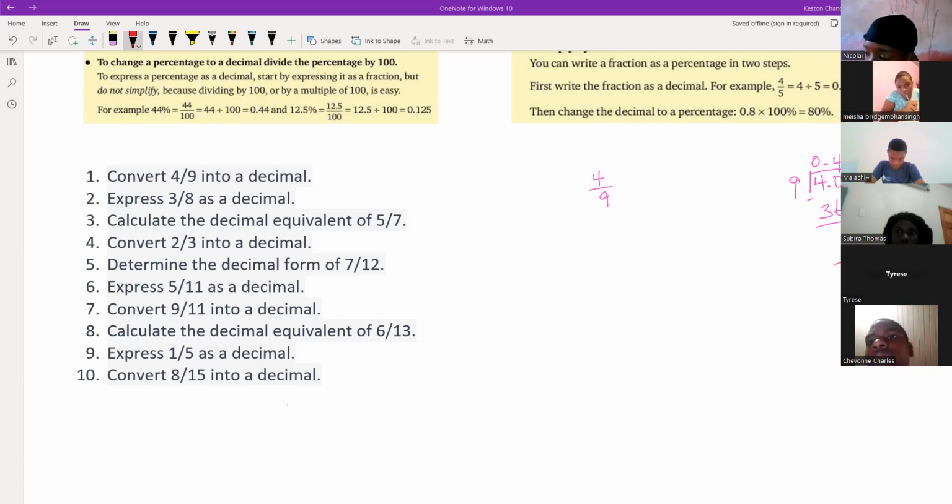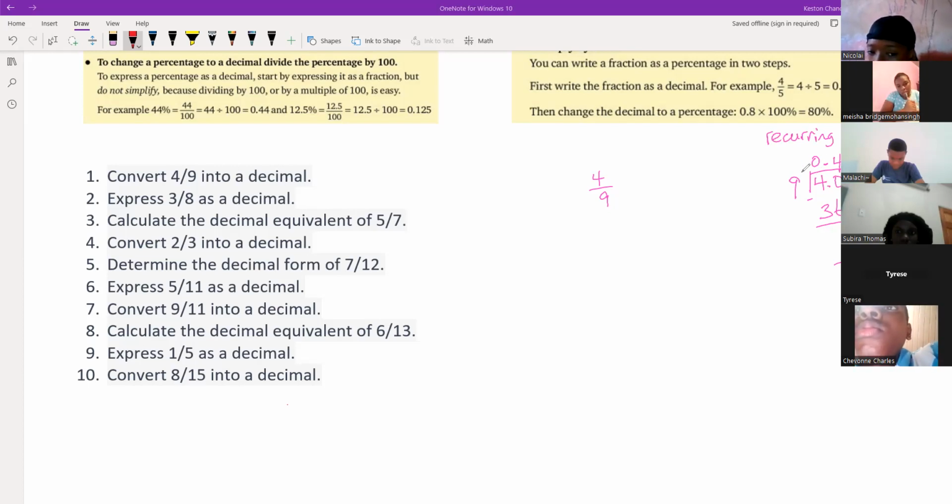But we're back to the same thing. 40 take away 36 gives 4. I'll put another 0 again and bring it down. If after 3 times you realize that you're continuously getting the same thing, this 4 here now is what we call a recurring decimal.